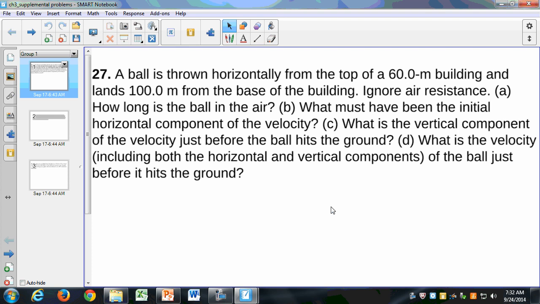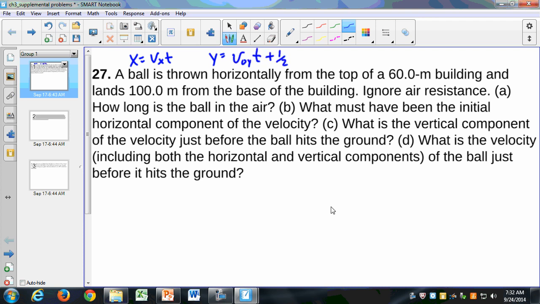I'm going to go ahead and write our equations up here up top while you're working on finding the time. I basically have a set of 3 equations. So my first thing is to find the time. I'm going to use my y motion. So from the information that's given, I can determine how far it falls.